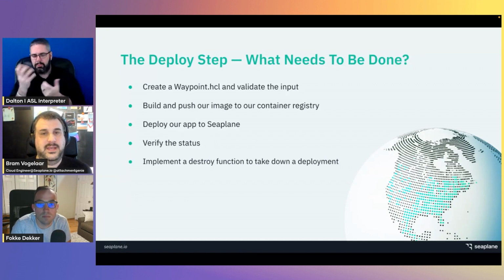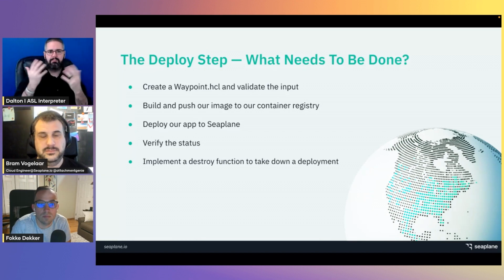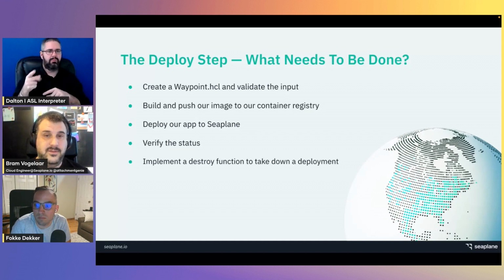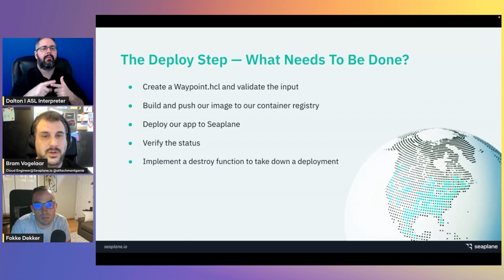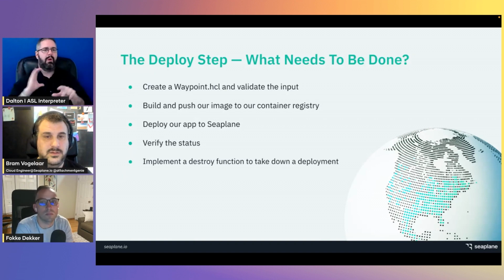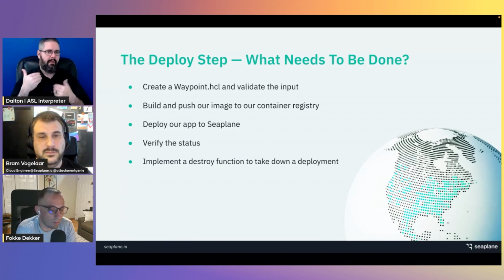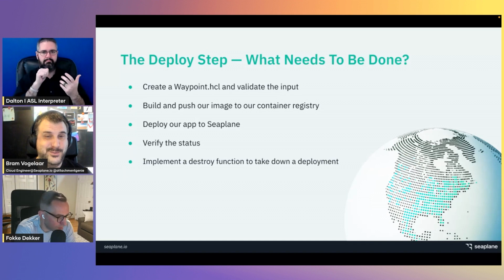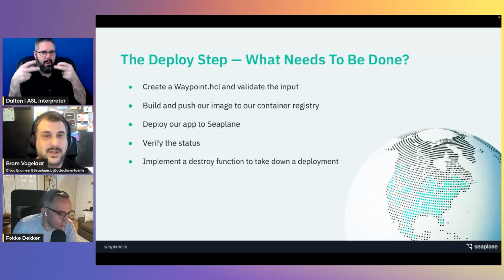For this deploy step, what needs to be done? So we need to have a Waypoint file that we can call using the Waypoint CLI. We're going to give it some input because we are going to share some secrets, because that's how we communicate who's who and to deploy our code. So we're going to have a secret, which we're not going to commit into our code. We just feed it as a variable. We're going to push our image. We're going to deploy it to Seaplane.